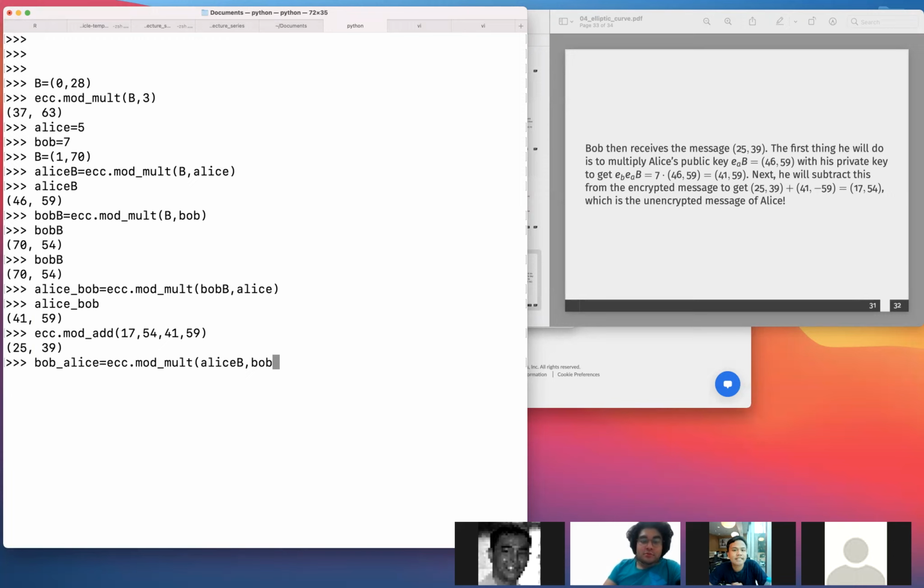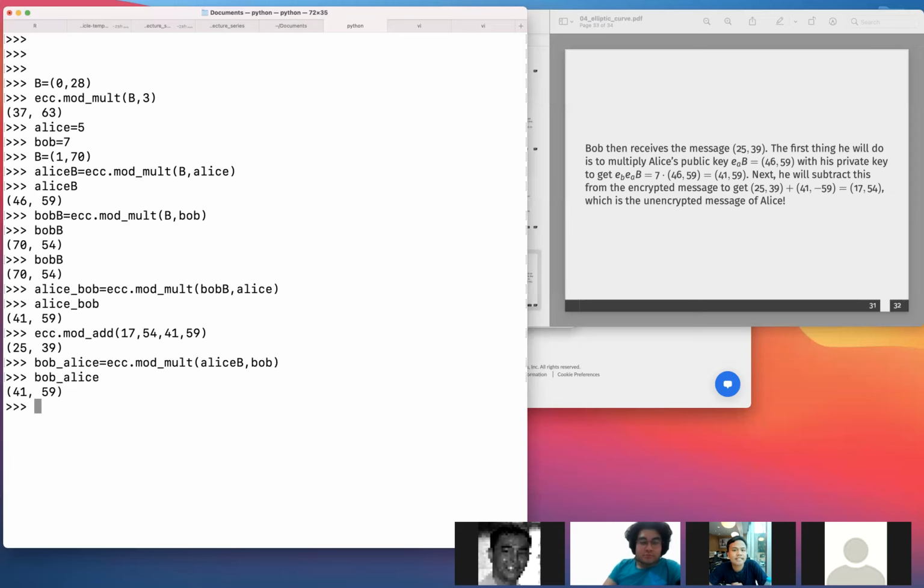So we have Bob Alice, which is 4159. And then we are going to subtract this from the encrypted image. How do we subtract? We use the addition formula, using the mirror image of the point.